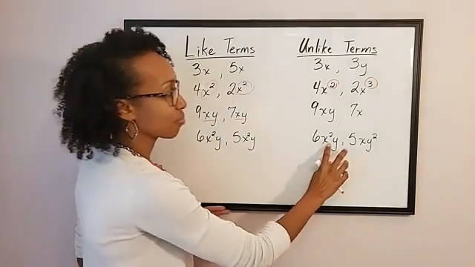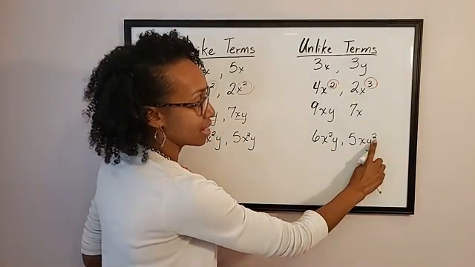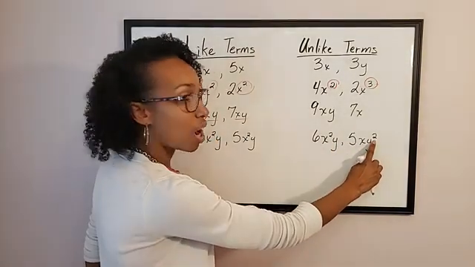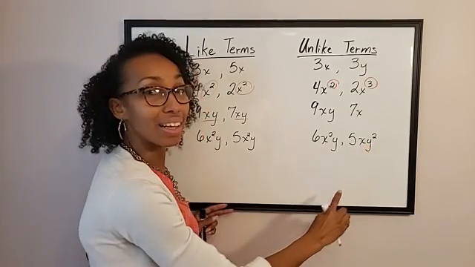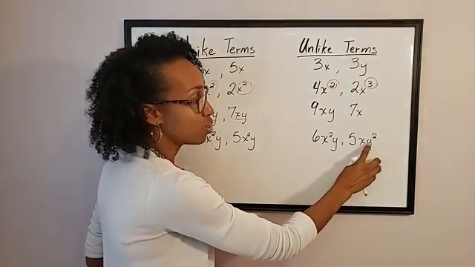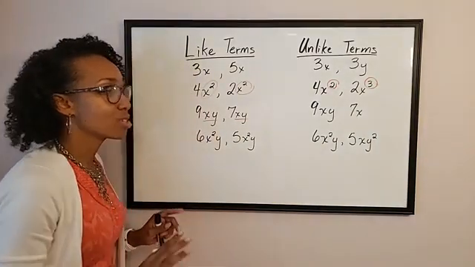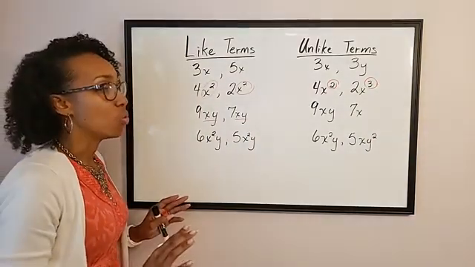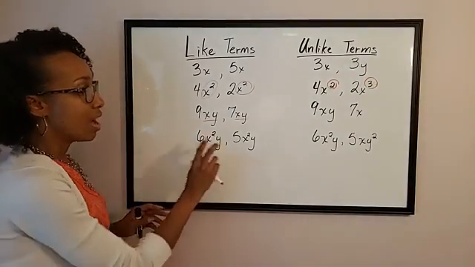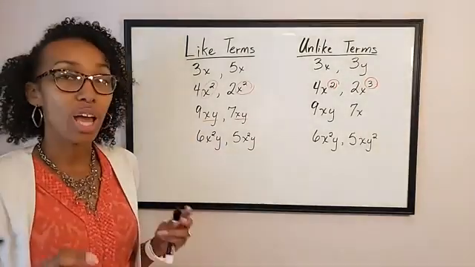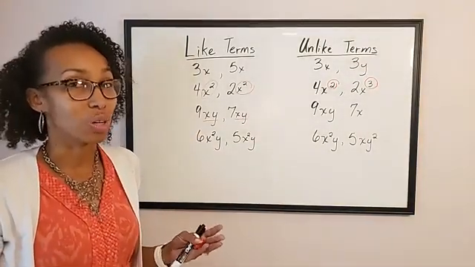Over here, this one has the exponent of 2 on the y, not the x. This means you have 2 y's and 1 x. They're not the same. So you really have to look carefully to know whether or not it's a like term. It's just training your eyes to help you identify what is alike and what's different.